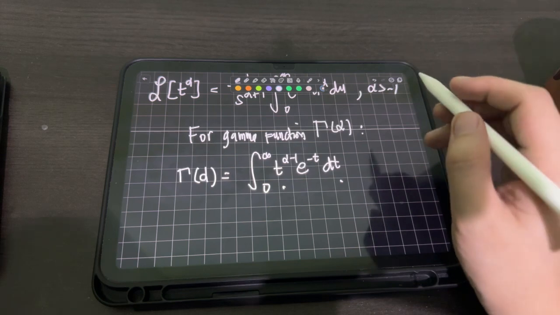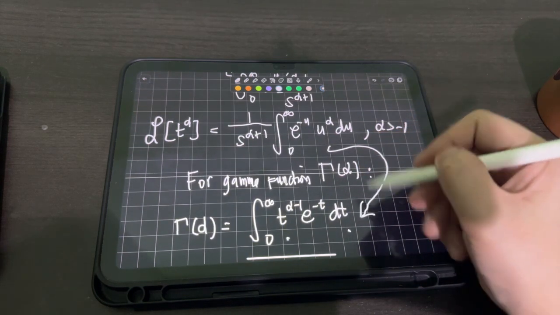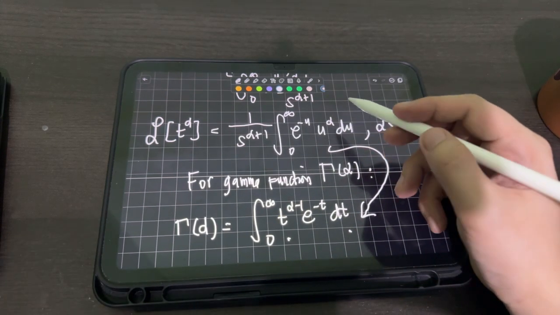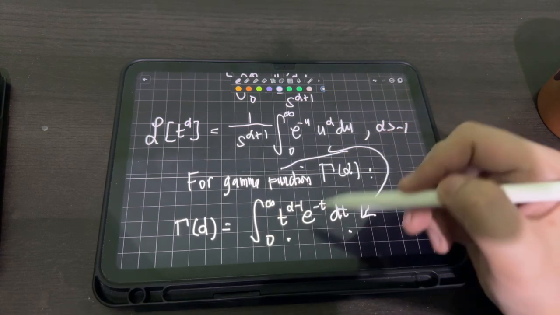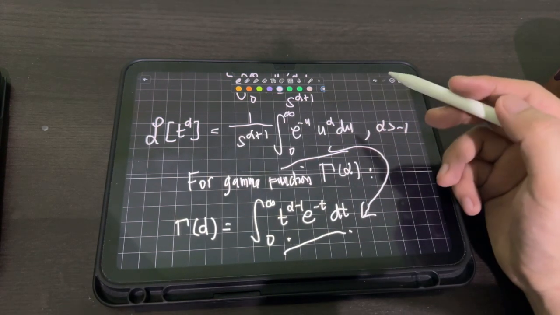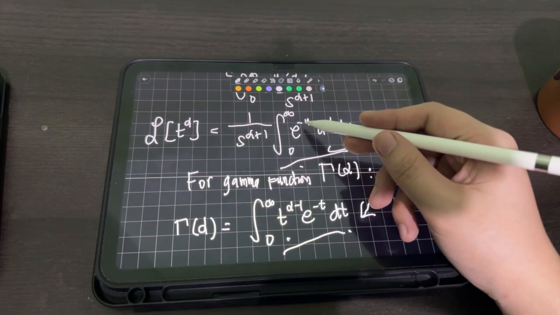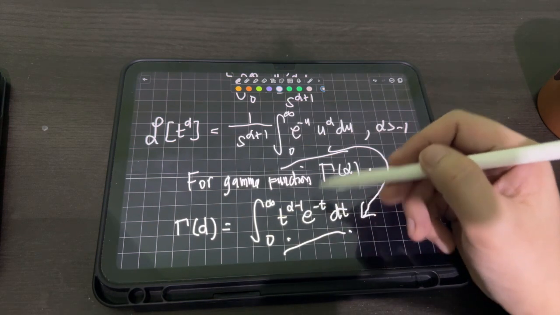Okay? So, if you try to relate this integral to this definition of the gamma function, how can we relate this integral to this integral? Notice that they both have e to the negative t, power of e. Remember that t here is a dummy variable.